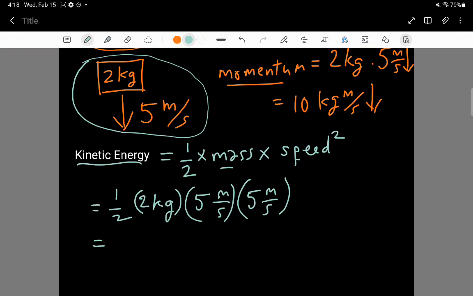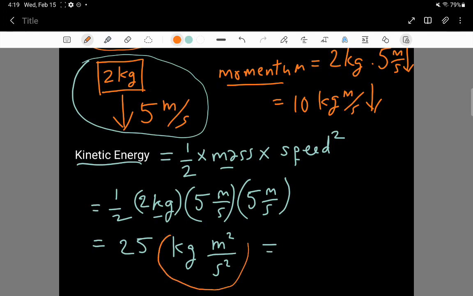So 1 times 5 squared is 25. And the units are kilograms, right? A meter per second times a meter per second is a meter squared per second squared. And it turns out that this combination of units has a very special name, and that name is capital J. Capital J is the joule.